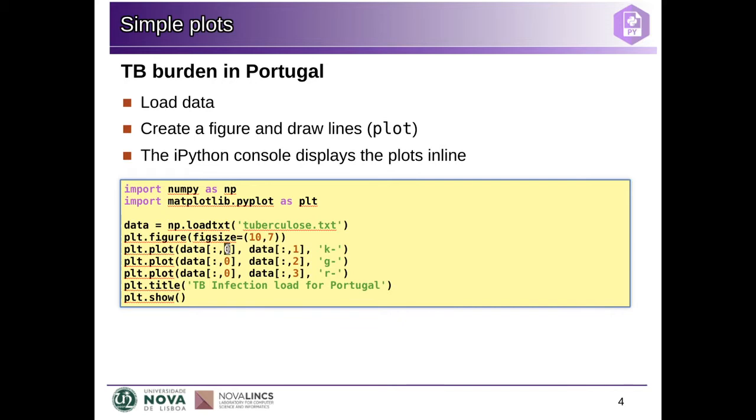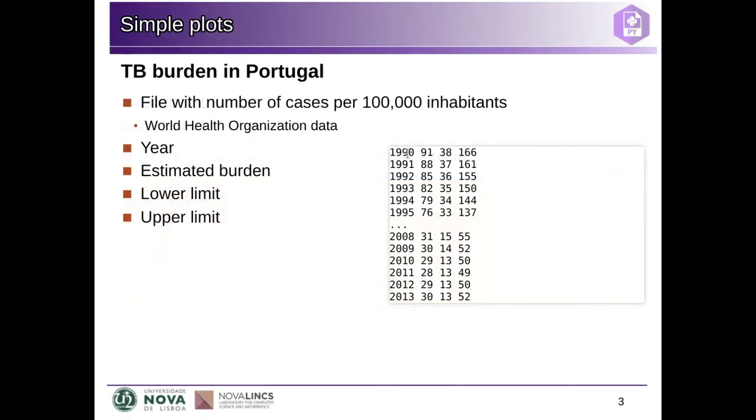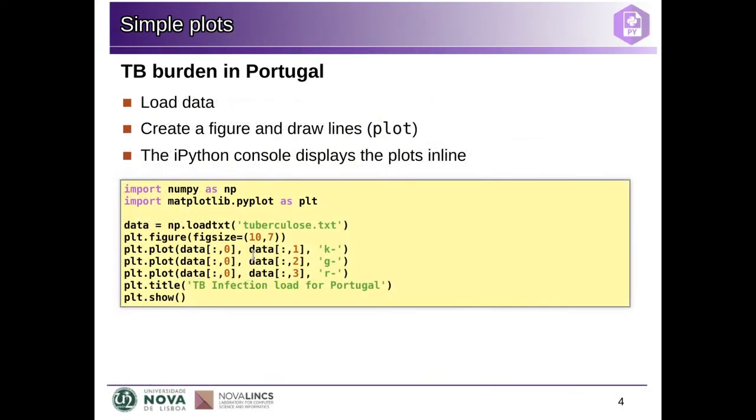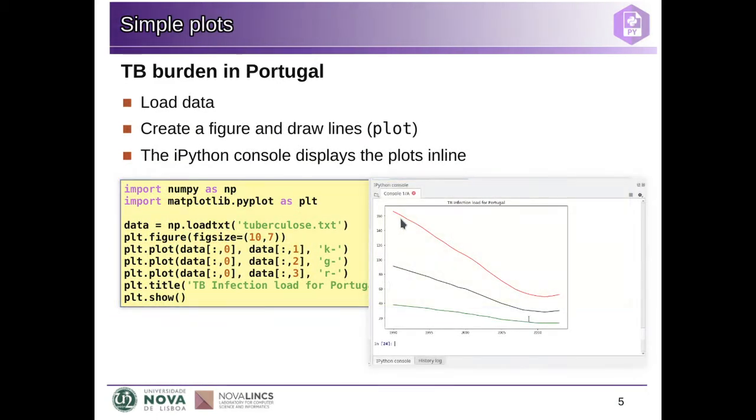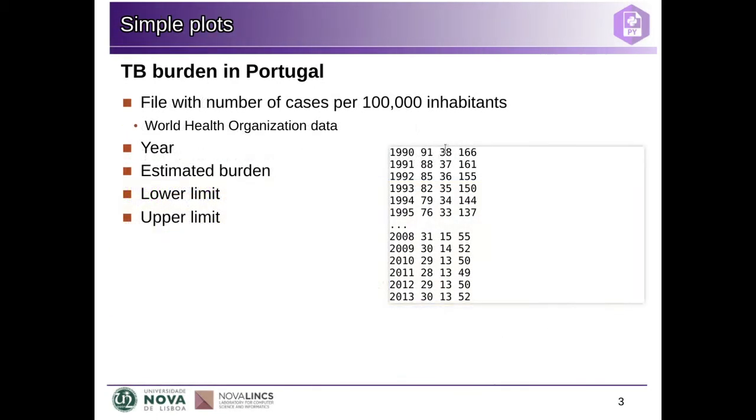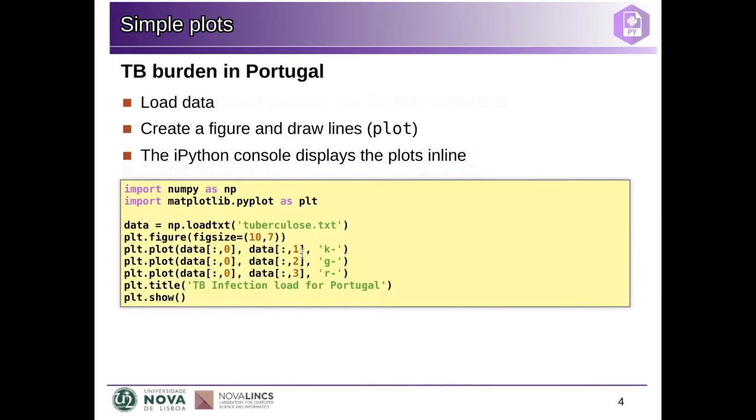This is a vector with the years, because our data matrix has these values in the first column. Then we want to show the second value here, which is the estimate. And this is in column index 1. So we select all the rows, column of index 1, and we write a black line.